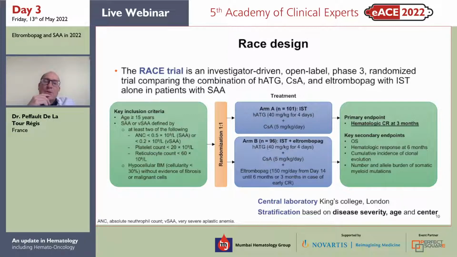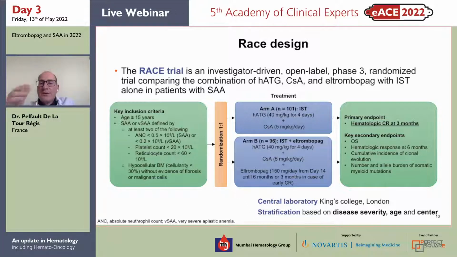And we didn't know also that it might not be safe for the patients. That's the reason why the exposure was as little as possible. The primary endpoint was complete remission at 3 months, for the same reason, to try not to expose the patients longer to the drug.